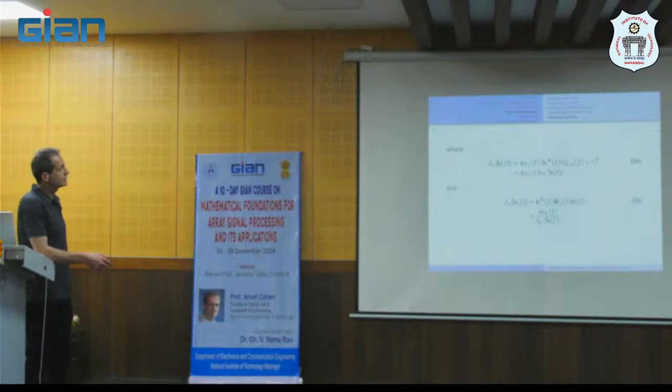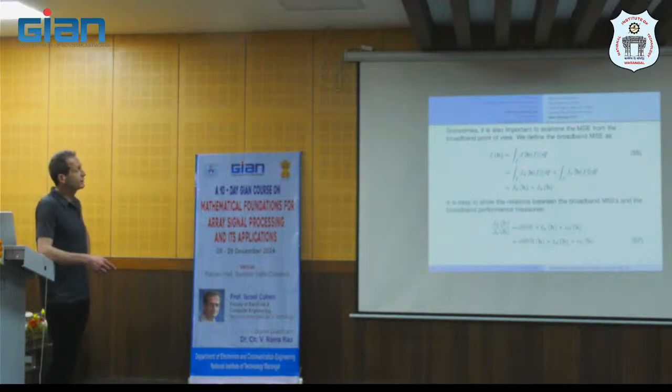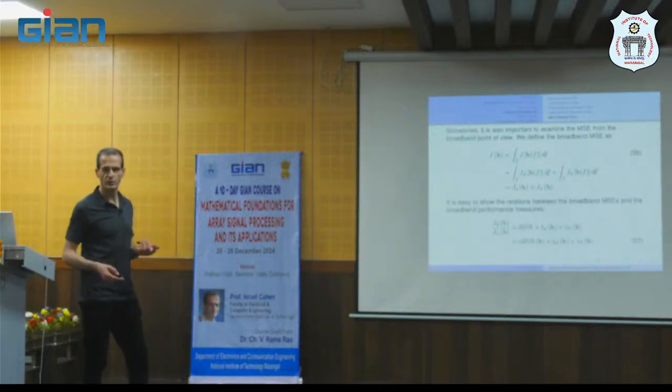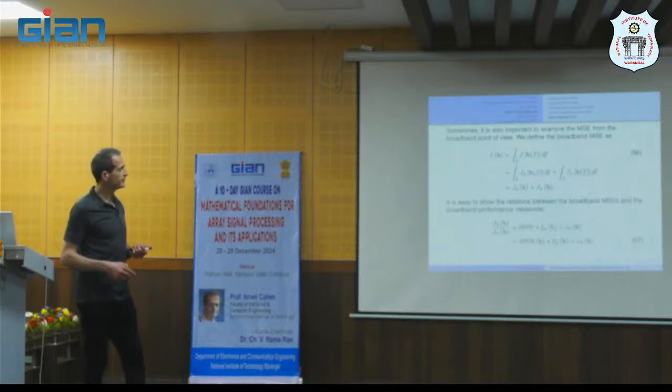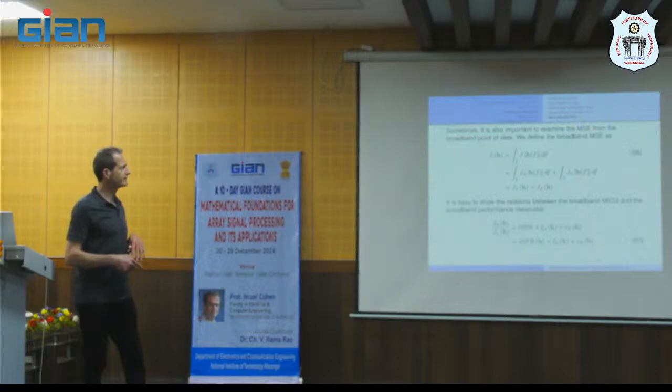And we can also define the broadband. Okay, so we have explicit expressions, and we can define the broadband MSE as the integral of the narrowband mean squared errors, because it will give us the total mean squared error over all frequencies. You see that this relation, that the broadband is the integral of narrowband, is only for the MSE.